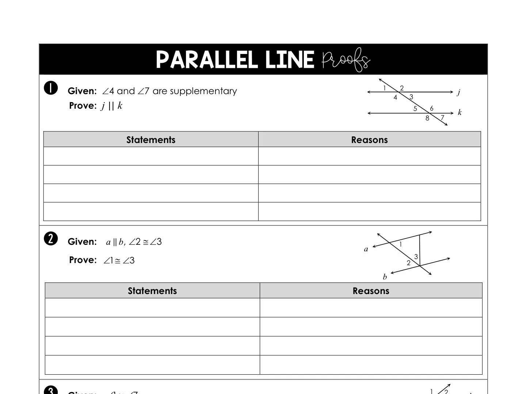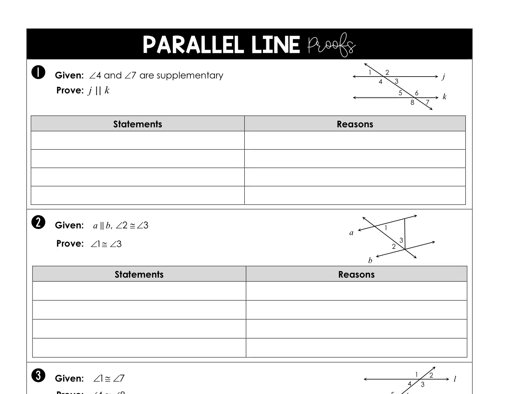Cool? So the first proof says, given that angle 4 and angle 7 are supplementary, prove that J is parallel to K. So what is my first statement always going to be? My given. So I'm going to say angle 4 and angle 7 are supplementary, and my reason is given.